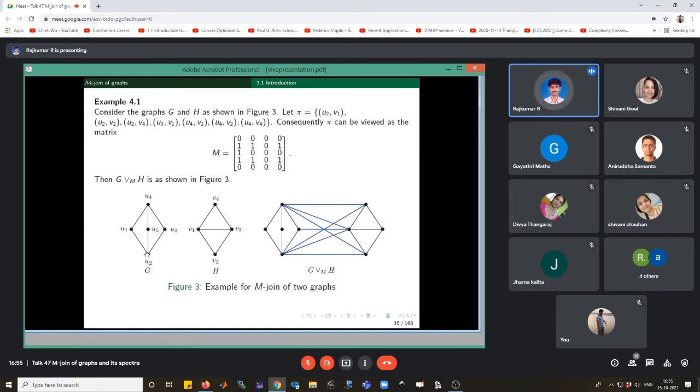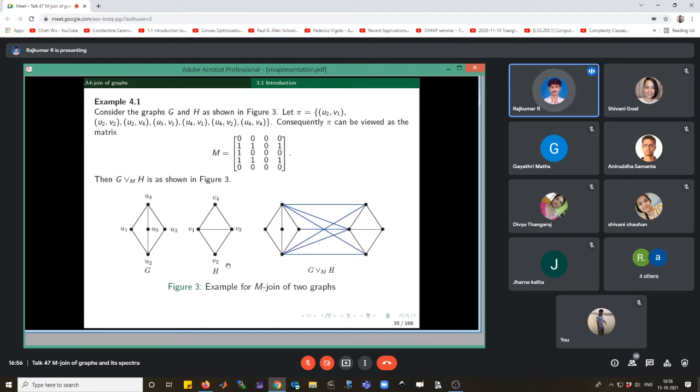U2 is here and V1, so this edge U2 V1. Similarly, for example here, the 4,2 entry is 1, so we join U4 and V2. Similarly for the other entries. So the corresponding graph is shown in the figure. This is the M-join of G and H.